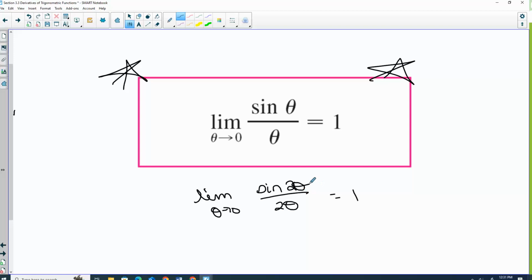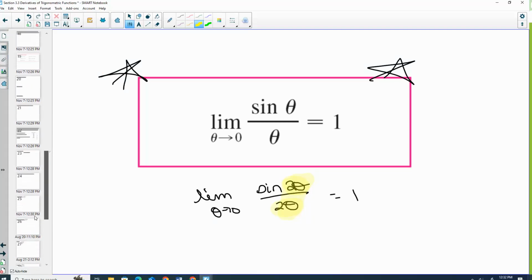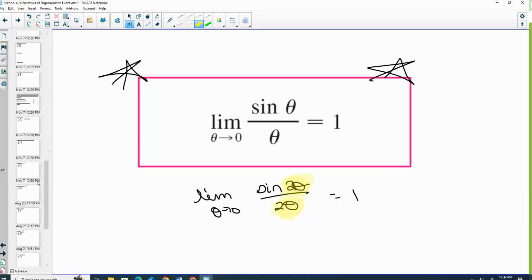Because if I'm approaching 0, 2 theta is going to 0, 2 theta is going to 0. These have to match in order for it to work. So if it's a 2 theta for my angle, I have to have a 2 theta on the bottom. So this is kind of a result of limits. We are just going to practice using this today to evaluate some limits that we would not otherwise have been able to evaluate.